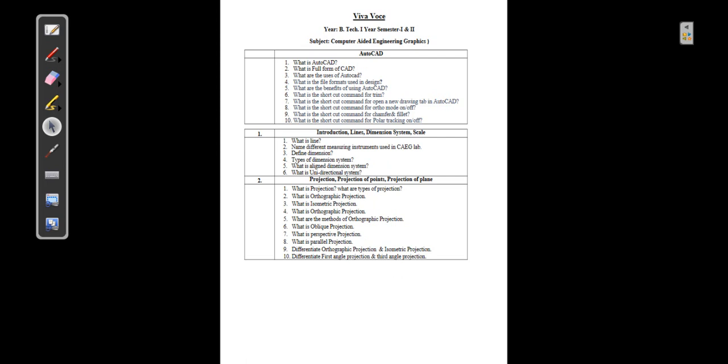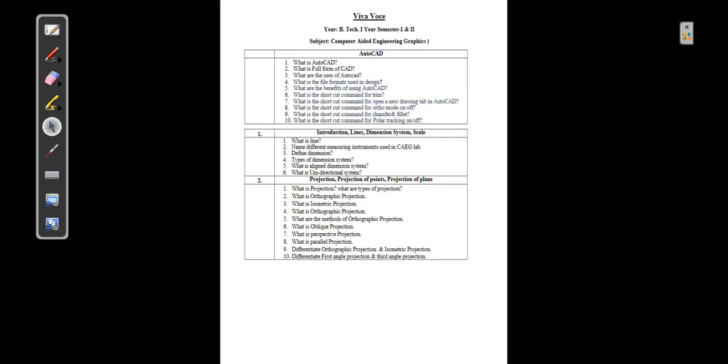We use the AutoCAD software. The full form of CAD is computer aided design. And there will be CAM, but that is not relevant to this lab. So you just need to know about CAD and what is AutoCAD.